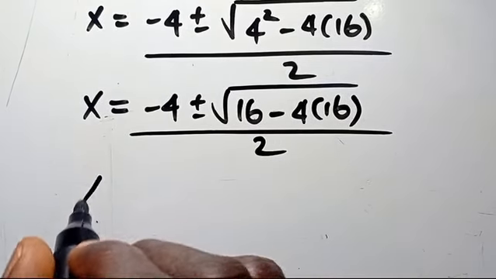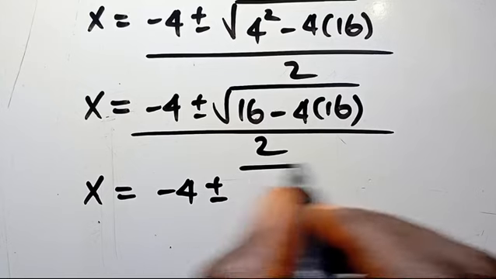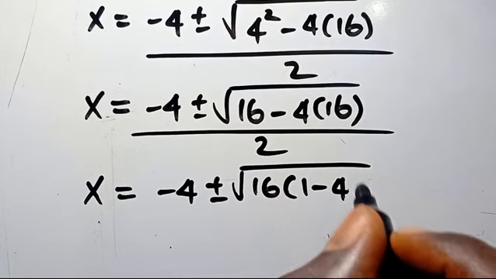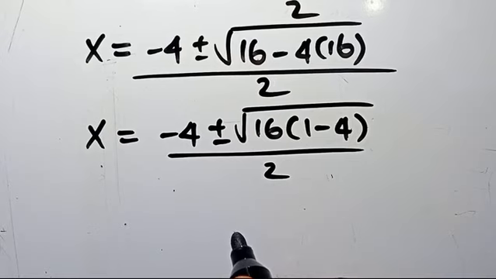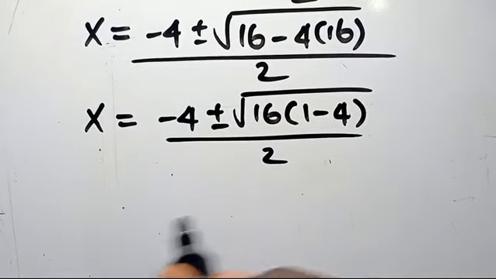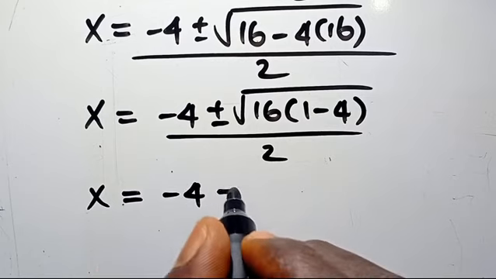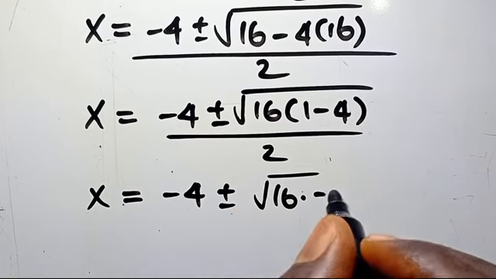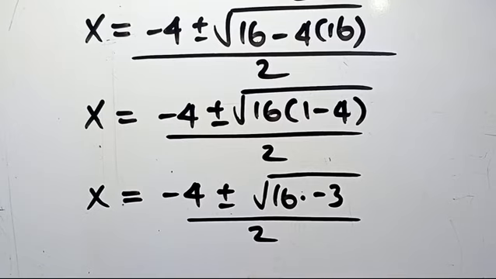So we have x equals minus 4, positive or negative, square root of 16 minus 4 times 16 times 1, over 2a. So we have x equals minus 4, positive or negative, square root of 16 minus 64, which is 16 times minus 3, over 2a.